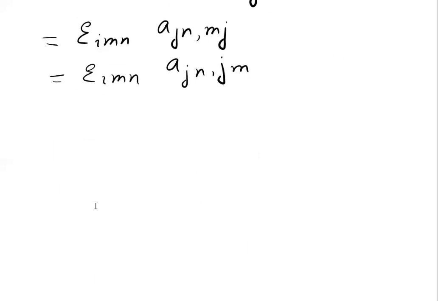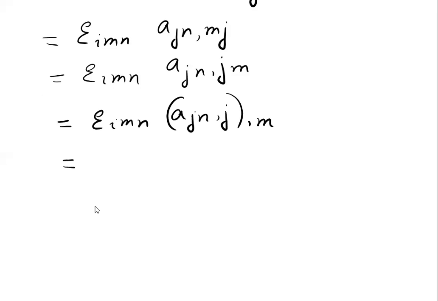So I can reverse that. Now that is equal to epsilon Imn. Remember, in the RHS I want the transpose, right? Now what will I do? We'll combine first. So A Jn as it is, comma J. Now I'll take M outside, comma M outside.